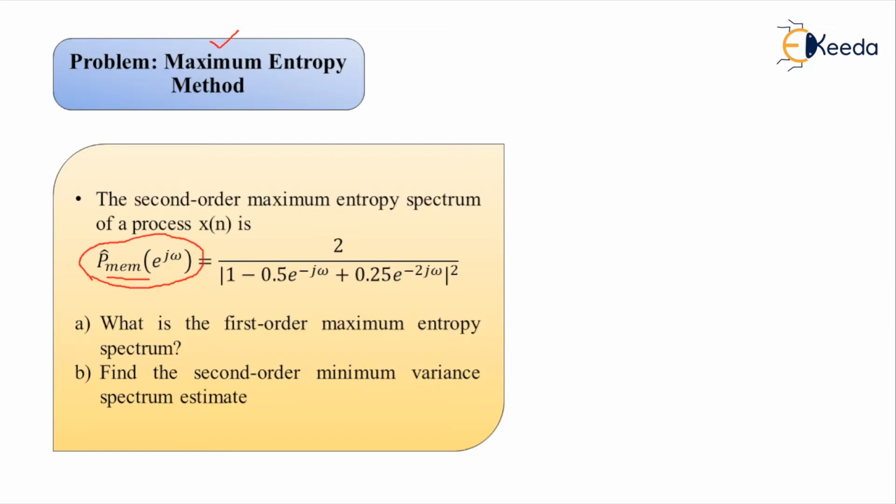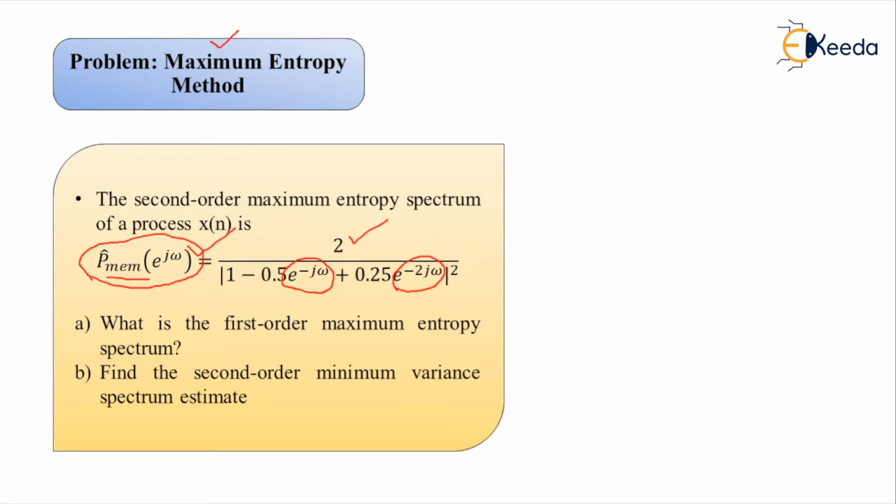The given detail is 2 divided by the mod square of 1 minus 0.5 e to the power minus j omega, added to 0.25 times e to the power minus 2j omega. This is the representation we have in the Fourier or frequency domain. We can also have the representation by the use of the Z transformation.